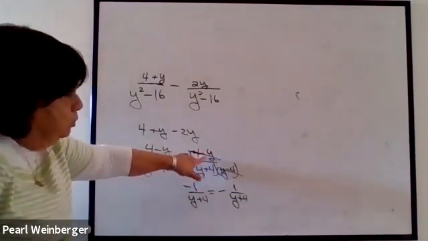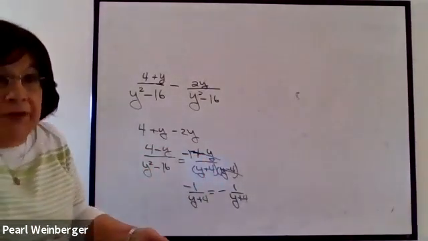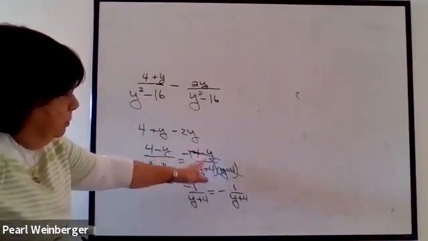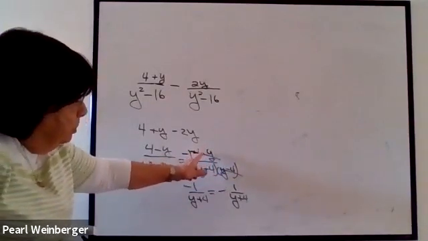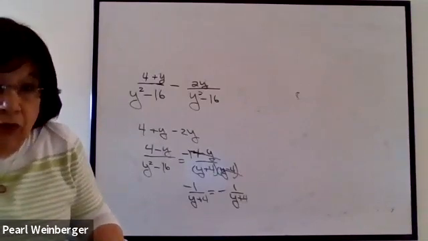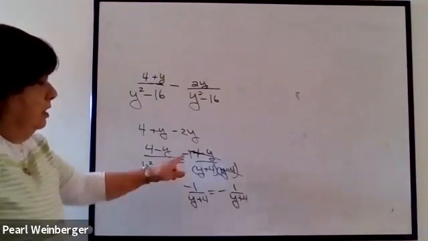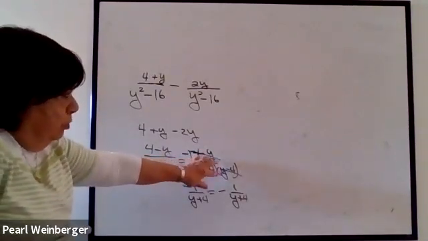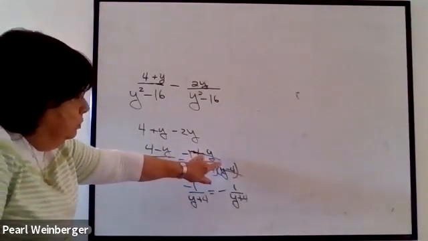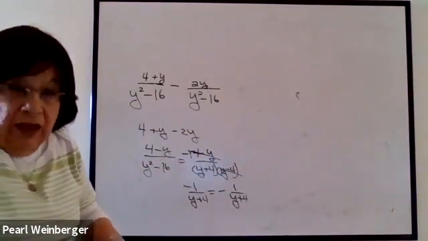When the order is switched with a negative sign, it means they're opposite signs and you have to cancel them out using a -1. When there's a plus in between them, if it would have been 4 plus y and y plus 4, when you're adding, it doesn't matter what order you're adding them in, and therefore it's the same thing. So you get a -1 when you have the order switched with a minus. You have a +1 when the order is switched, but they're both pluses. Does that answer your question?